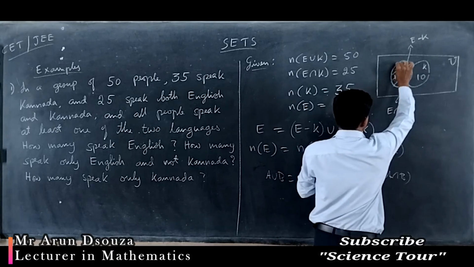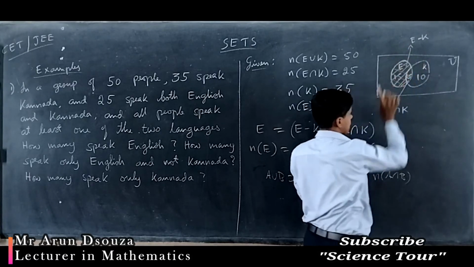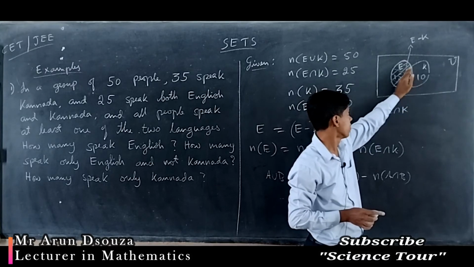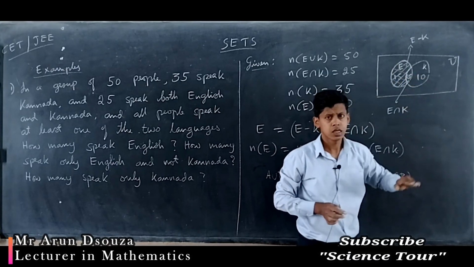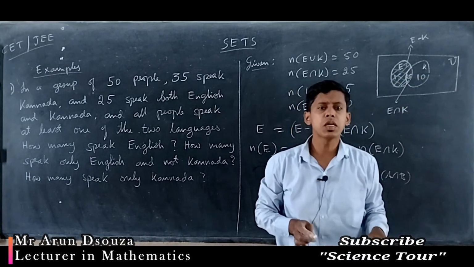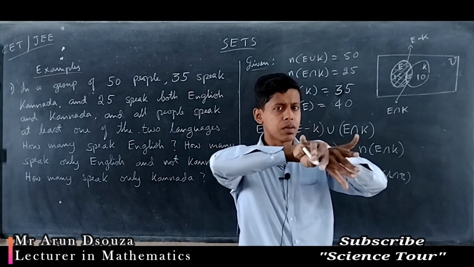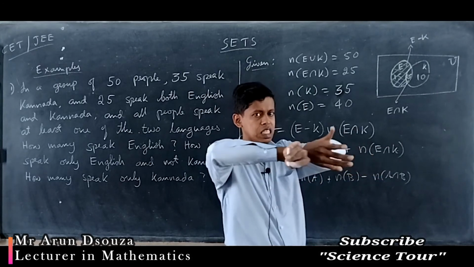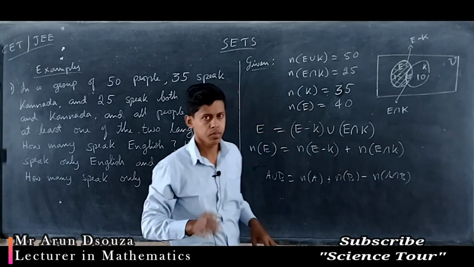This region is E minus K, and this is E intersection K. Is there anything common between them? This is totally separate. They are not intersecting, they are only touching each other, not overlapping, right?